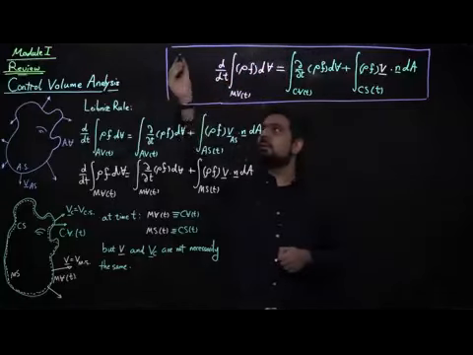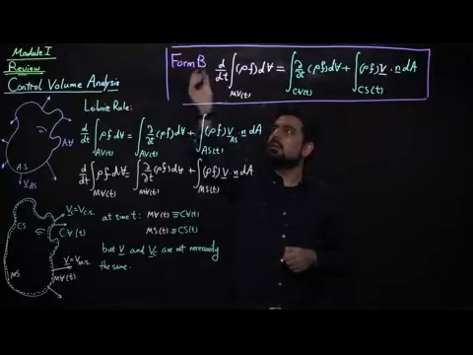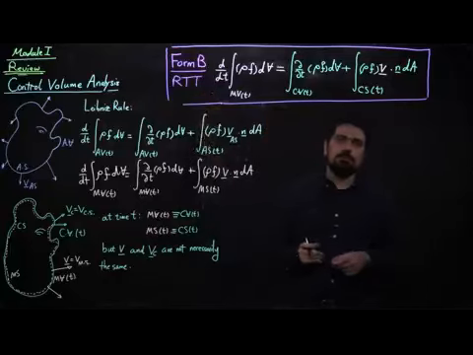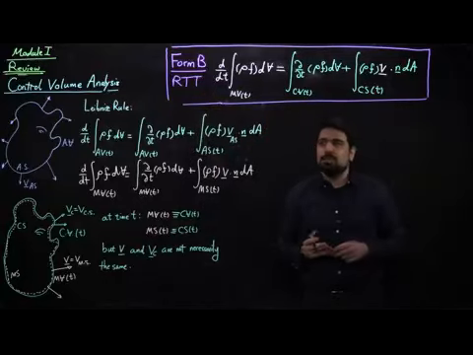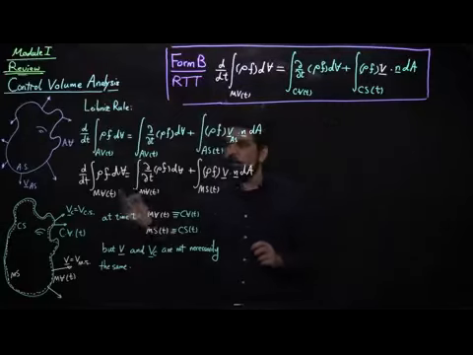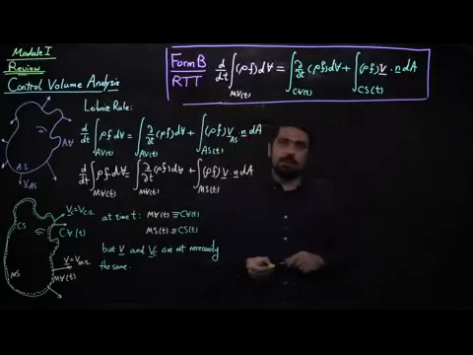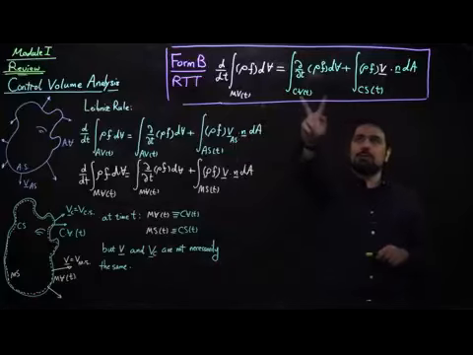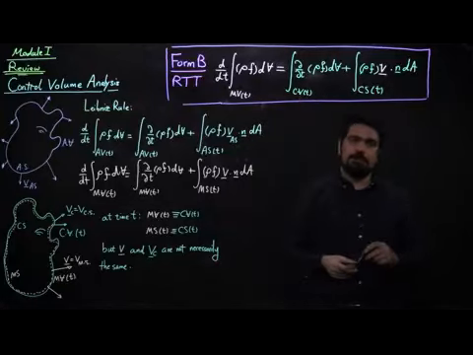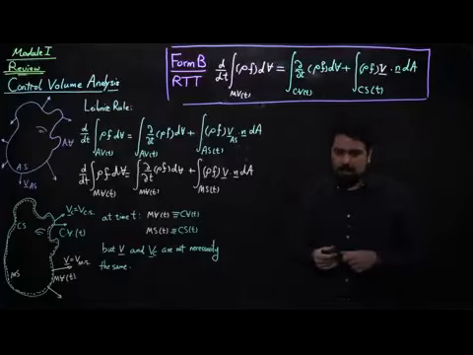So applying Leibniz rule on a material volume gives us the Reynolds transport theorem in form B. Now, with a little bit of trick, you can also use Leibniz rule and apply Leibniz rule on the contour volume. When you do that, you will find a new way to describe this first term as a combination of some other terms, and then you can get form A.